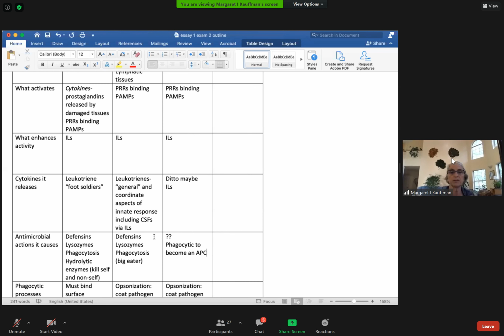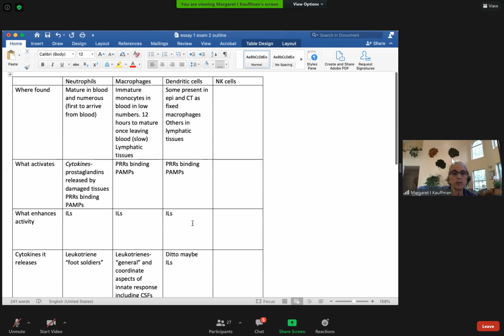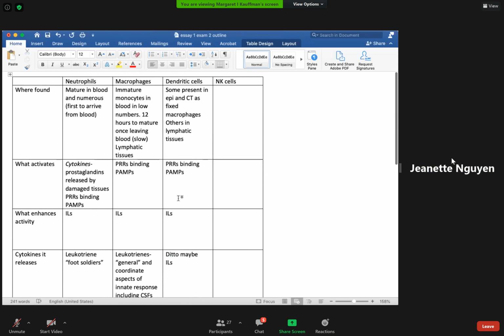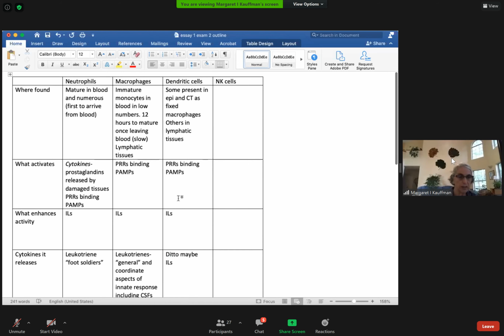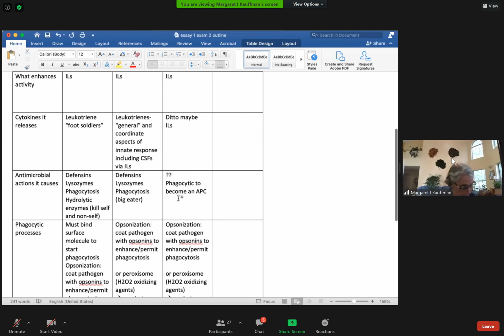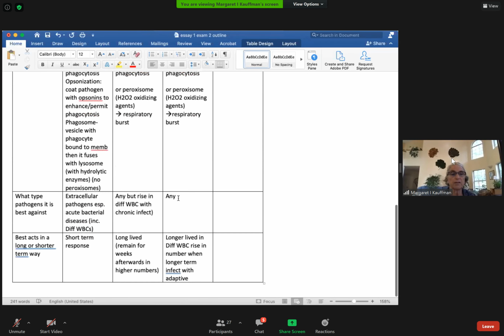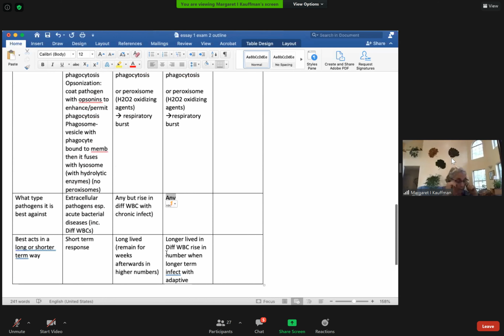So we will discuss more of these later. If you write this essay this weekend, you may want to enhance dendritic cells as we go forward. One other thing we're going to be talking about is the response of these cells to inflammation.